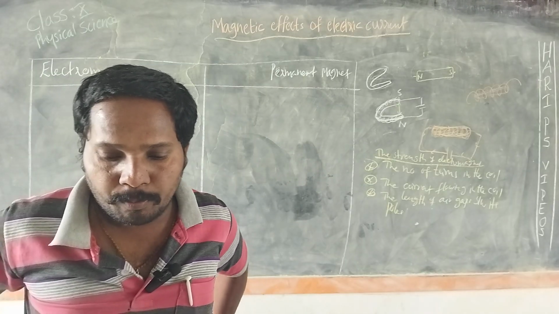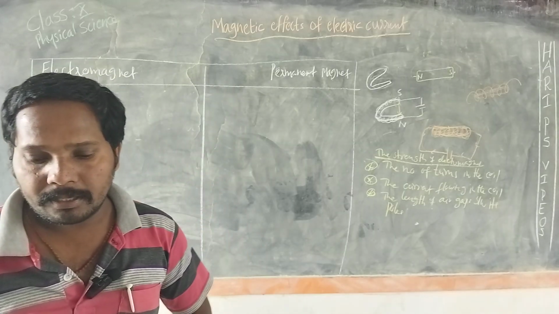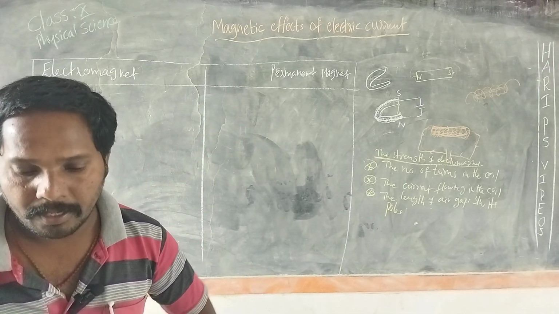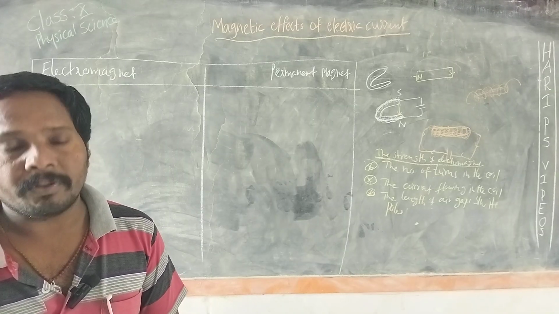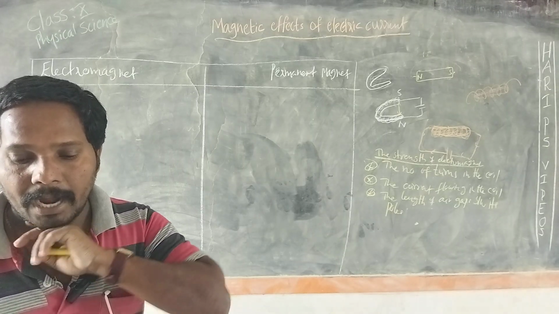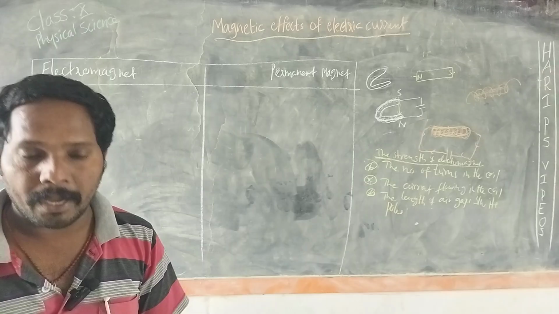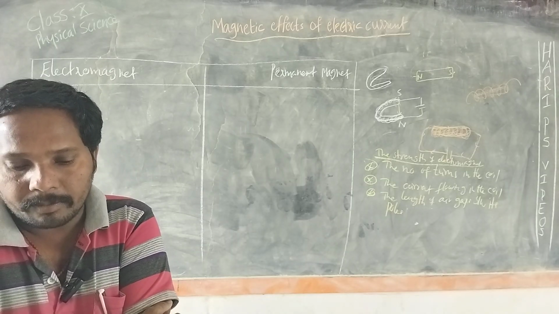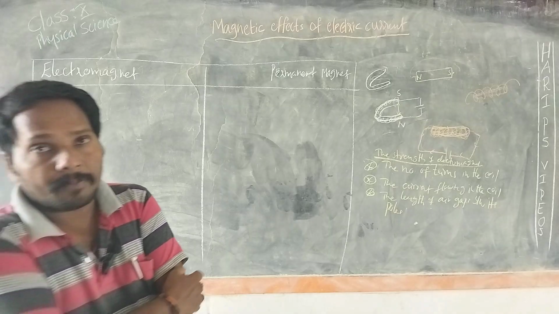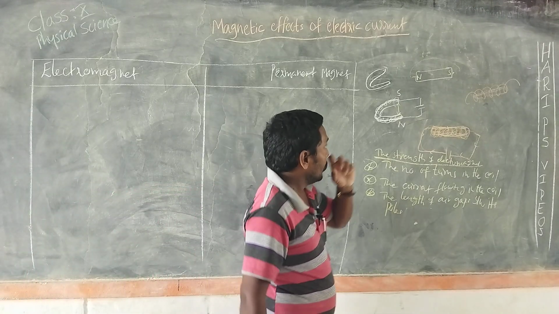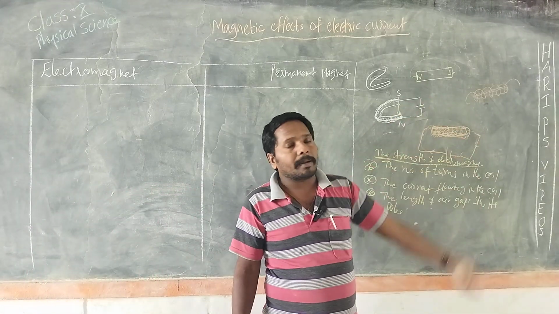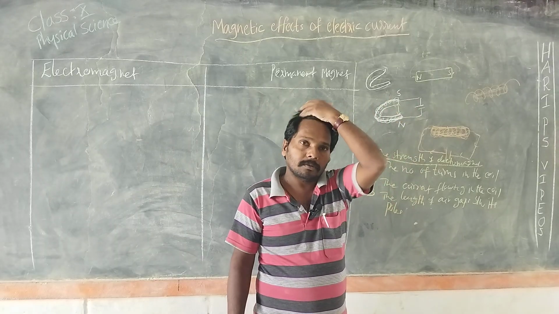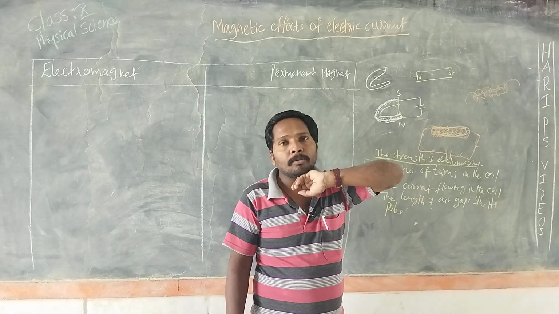So it should be noted that in many respects an electromagnet is better than a permanent magnet, because it can produce very strong magnetic fields, and its strength can be controlled by varying the number of turns in its coil or by changing the current flowing through the coil. So instead of using permanent magnets, better we use electromagnets.